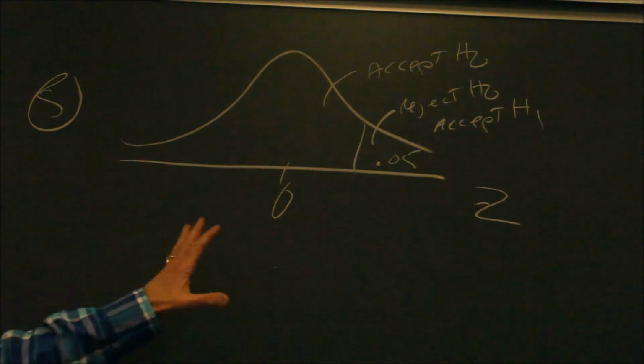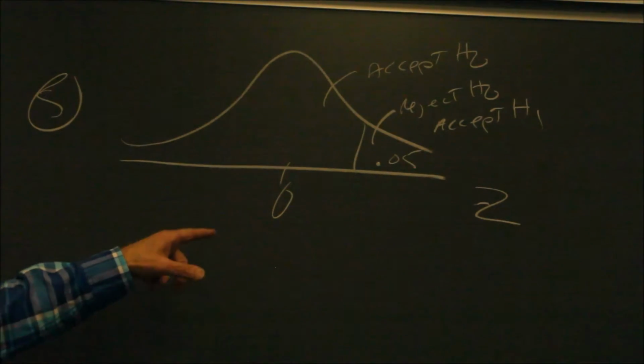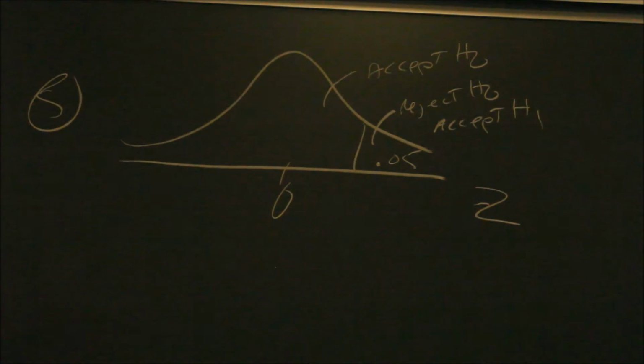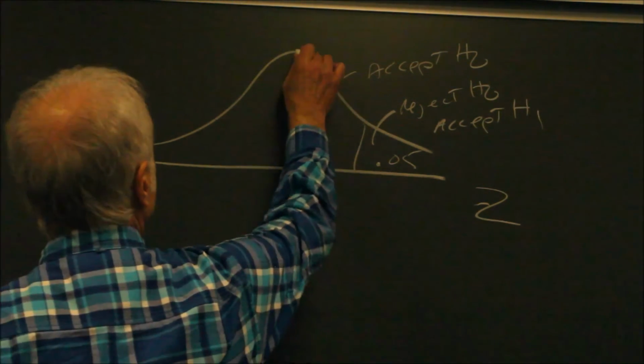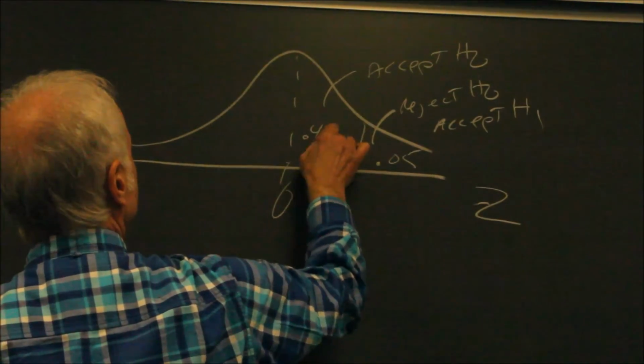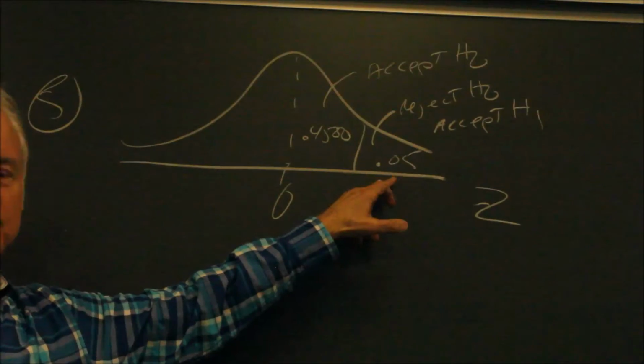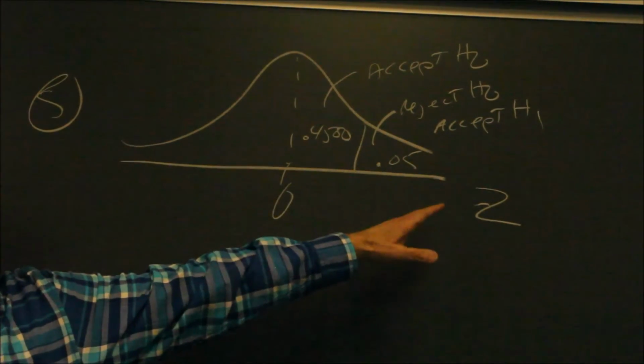Now remember, this is a Z distribution. And so if the area in the tail is 0.05, how do you look up the Z on the table? Well, you have to find this first, 0.4500, because 0.4500 plus 0.05 is equal to 0.50.